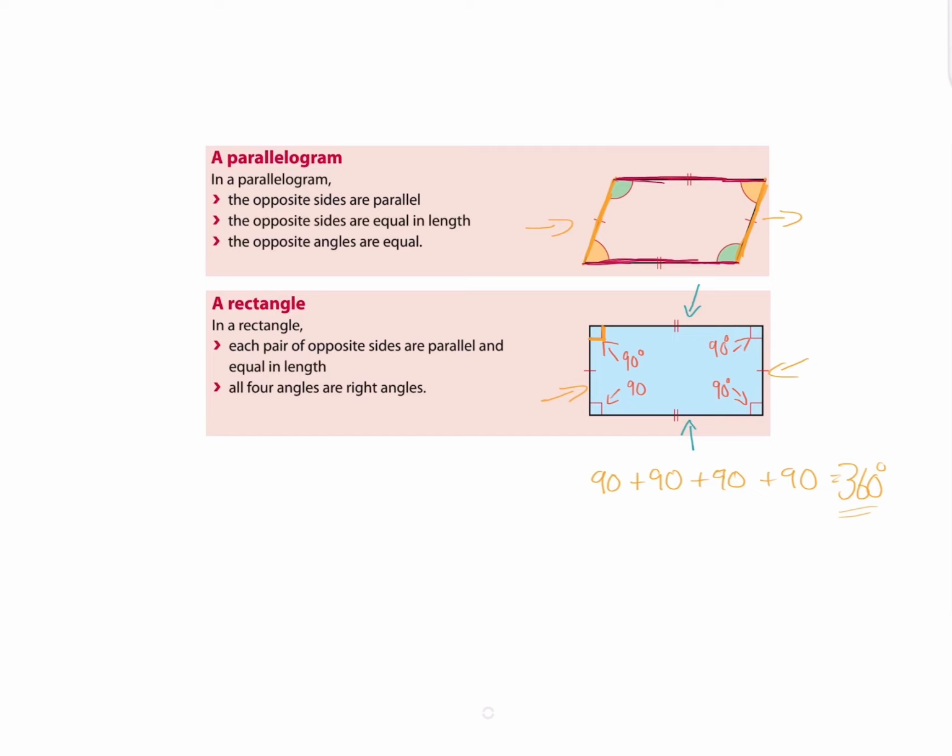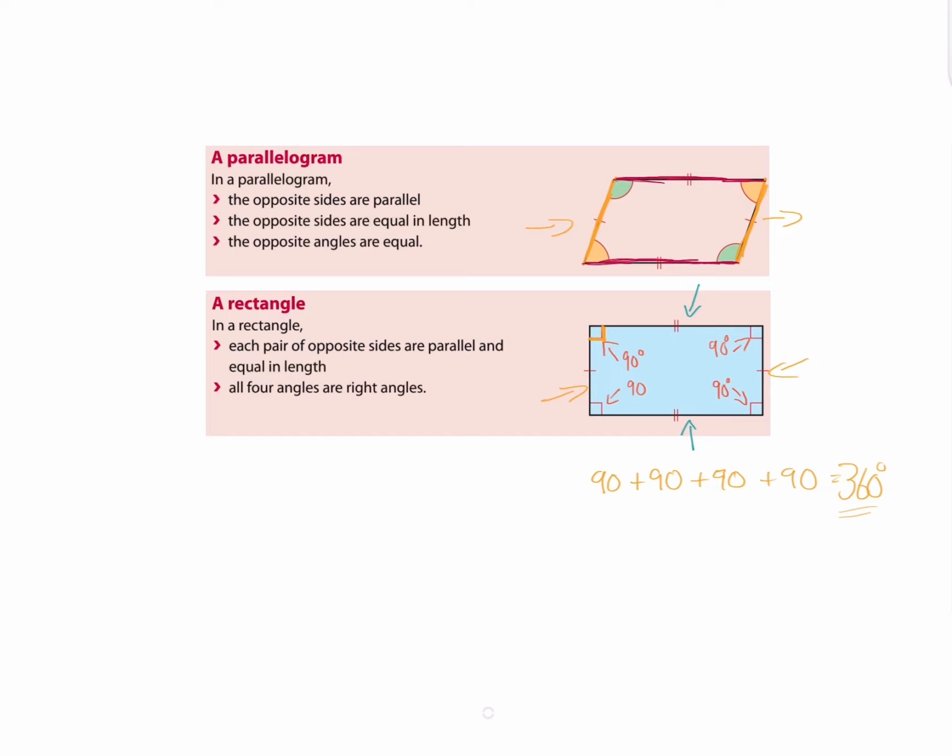But in a parallelogram, something's a little different, okay? The angles are different. There are no 90-degree angles. Do you see that? There's no right angles. There's no 90-degree angles in a parallelogram.